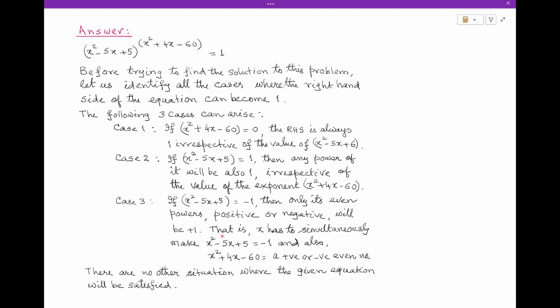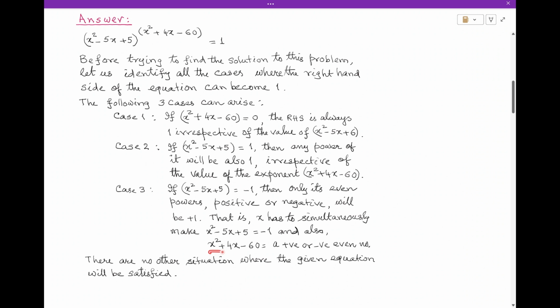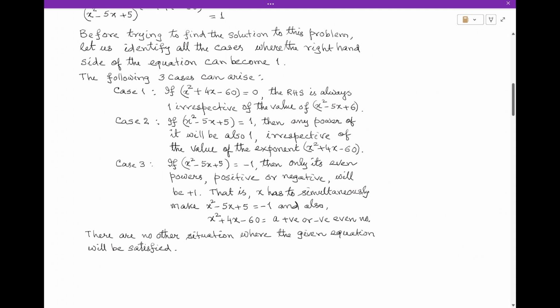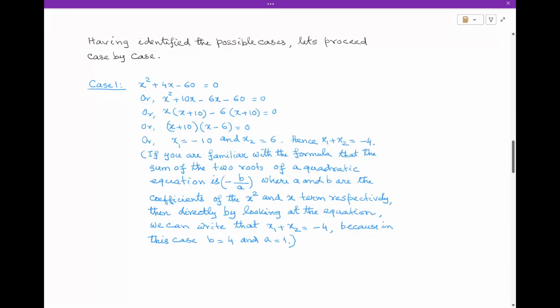That is, x has to simultaneously make x² − 5x + 5 equal to −1, and also make x² + 4x − 60 equal to a positive or negative even number. There are no other situations where the given equation will be satisfied.